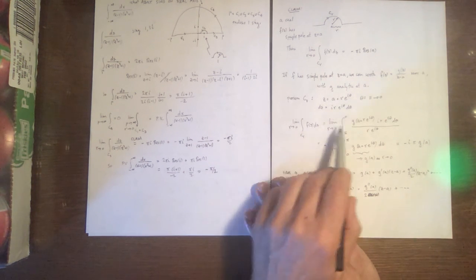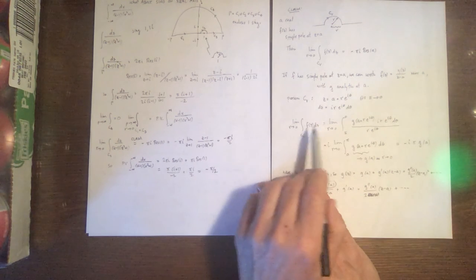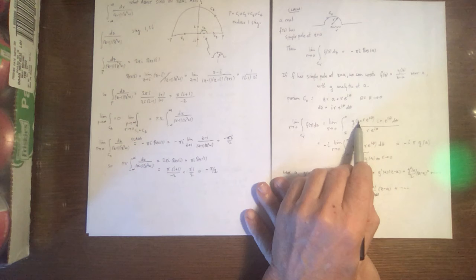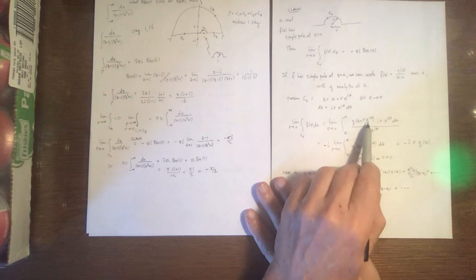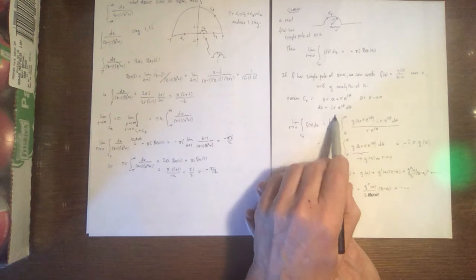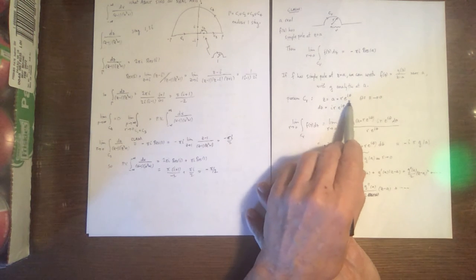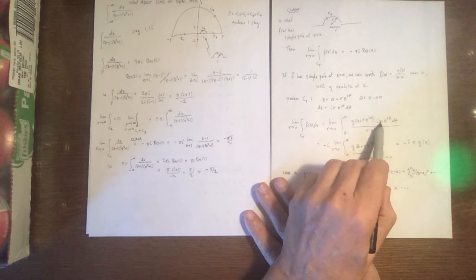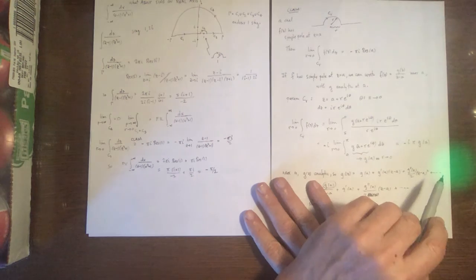So when you parameterize this whole thing, you get the integral from pi to 0, and the f that'll be g of a plus r e to the I theta over z minus a. Z minus a is just this part, r e to the I theta. The dz is I r e to the I theta d theta.